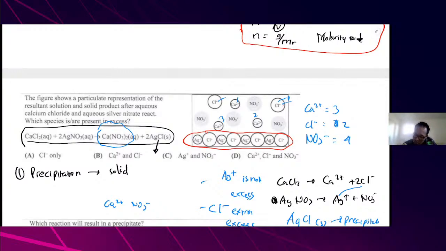So E plus Cl minus. So the answer is B, but I don't know how to get this one. Okay, how to get this one. So let's take a look at the answer first.